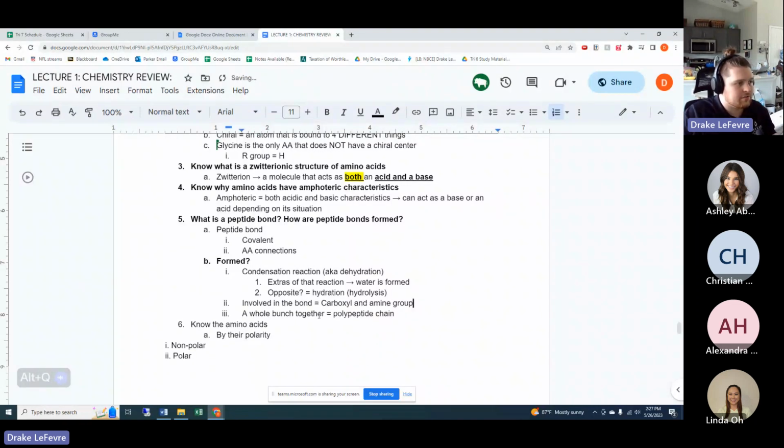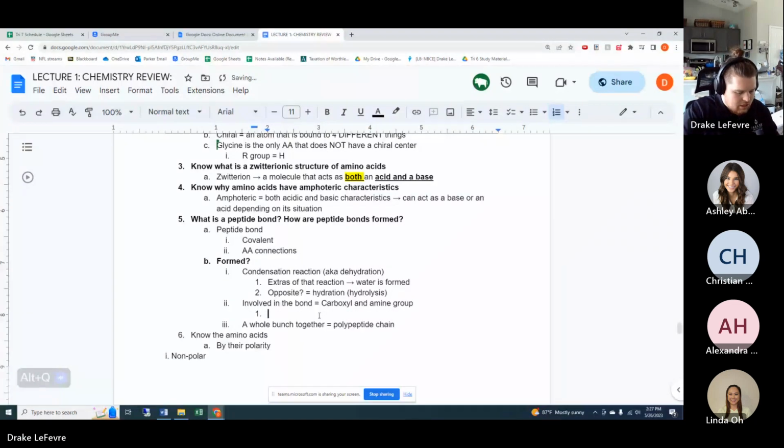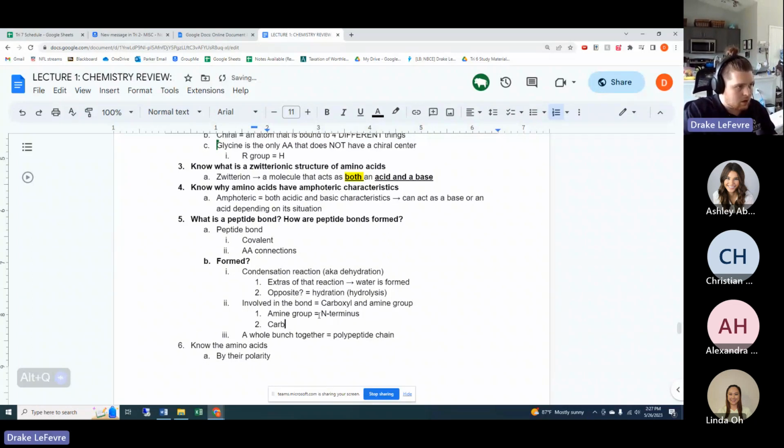Okay, so when these bonds are forming, your amine group is going to be what's called your N terminus, and your carboxyl group is going to be your C terminus. Polypeptide chains are produced from N terminus to C terminus.